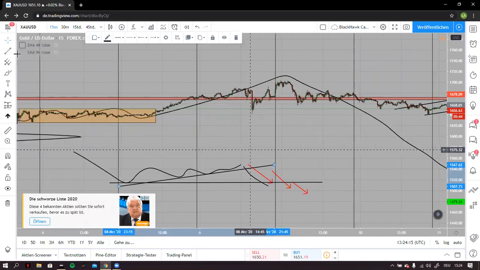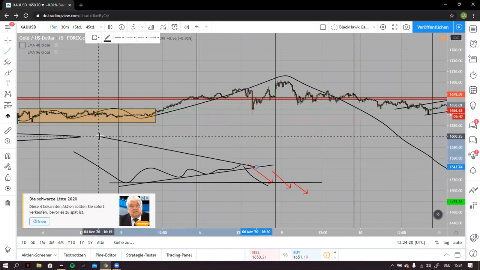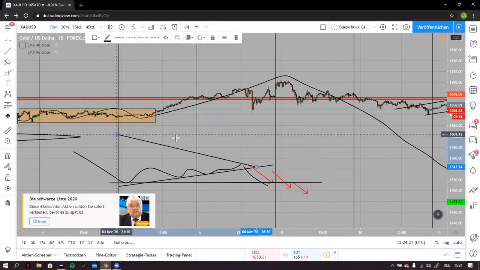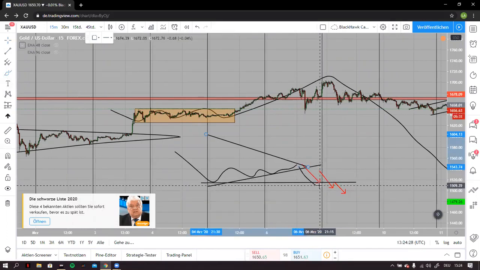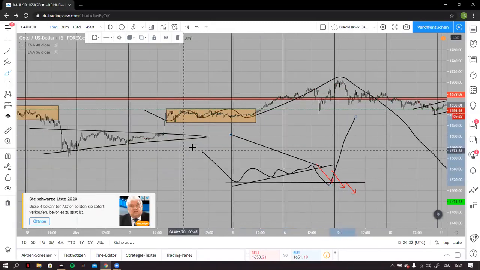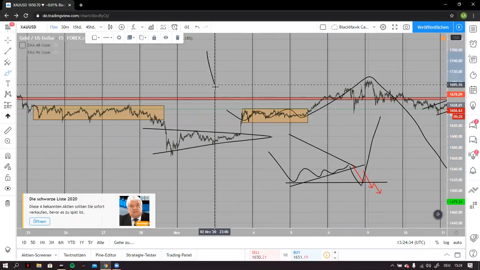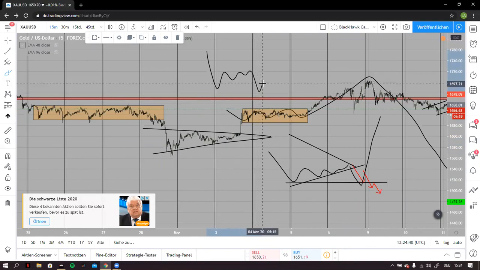This is the point where market makers come in to trap you and hit your stop loss. They come down, this is our stop hunt, then build a W formation or just let it be a stop hunt and then come up.